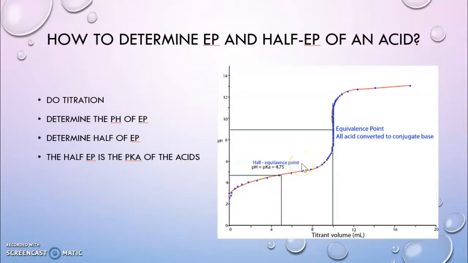The titration curve shown here is an example of titration between acetic acid and sodium hydroxide, and the pKa value that is observed from the titration curve is approximately 4.75, which is almost exactly the same as what we have calculated using the Henderson-Hasselbalch equation.